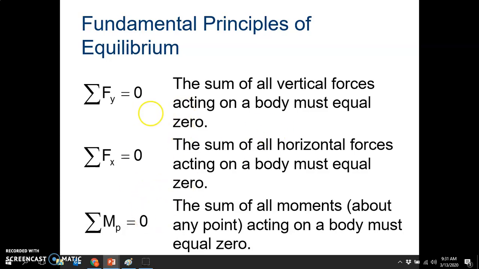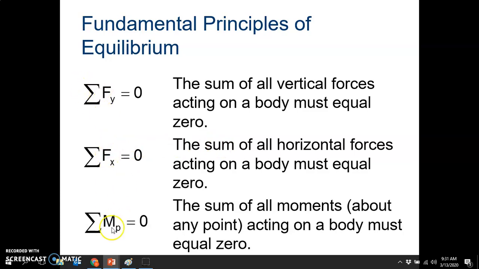So we say that there are 3 ways that we could apply a force: shear, which is perfectly up and down, perfectly vertical; or perfectly horizontal; or we can apply a torque or a moment, which is a rotational force. So all vertical forces must be equal to 0. All horizontal forces must be equal to 0, and the sum of all moments must be equal to 0.